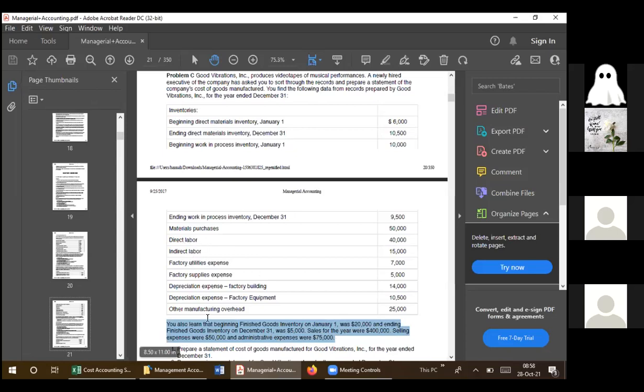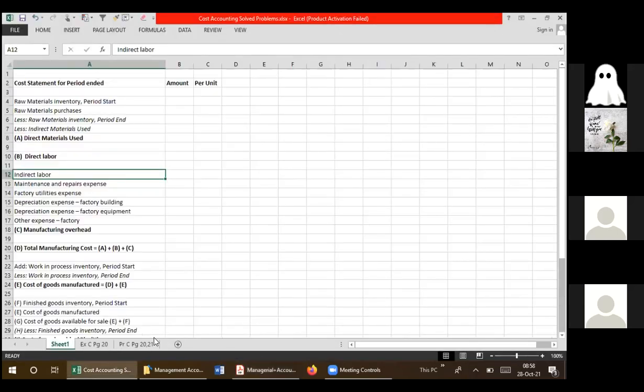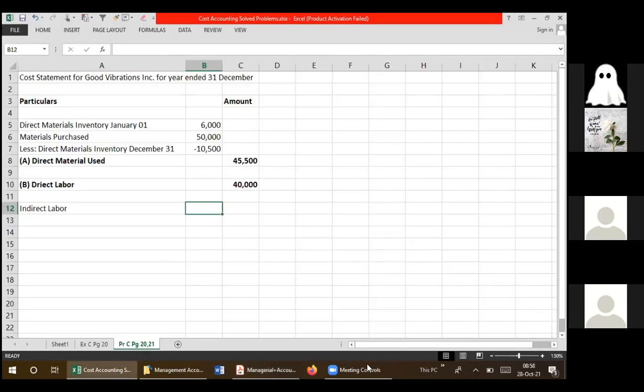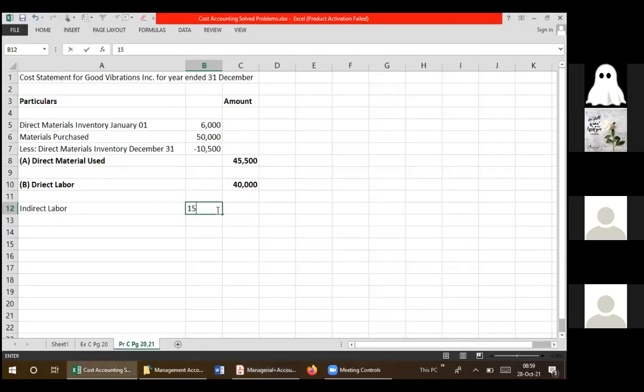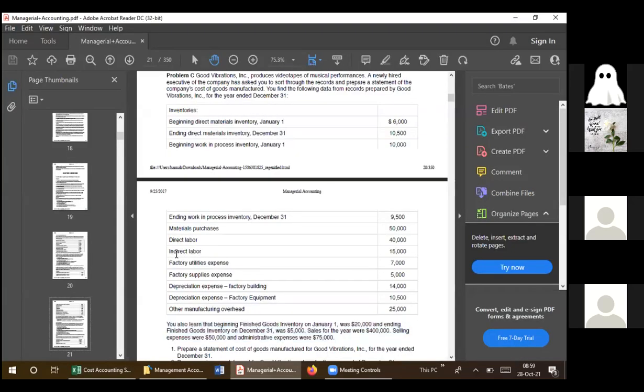So every manufacturing overhead we'll write one by one now. There's indirect labor 15,000. Then we have these. Factory utilities expense 7,000.